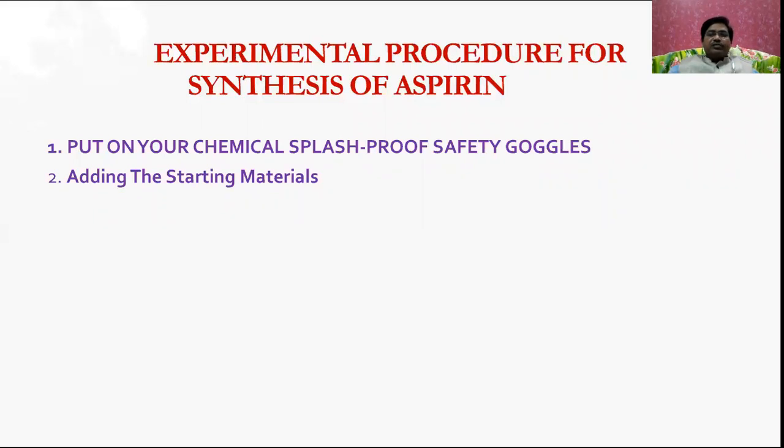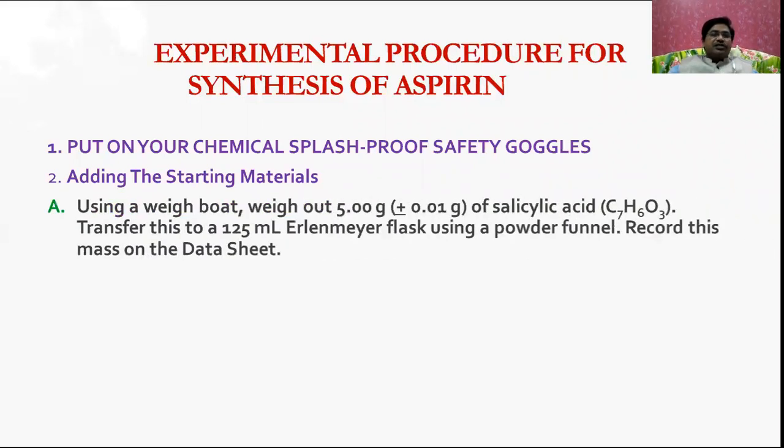How to add the starting material in the reaction mixture? Using a weighing boat, weigh out 5 grams plus or minus 0.01 grams of salicylic acid. Transfer this to a 125 ml Erlenmeyer flask using a powder funnel. Erlenmeyer flask is like a round bottom flask.